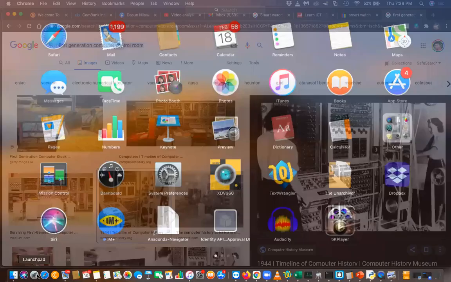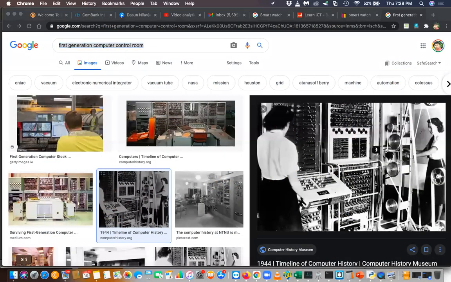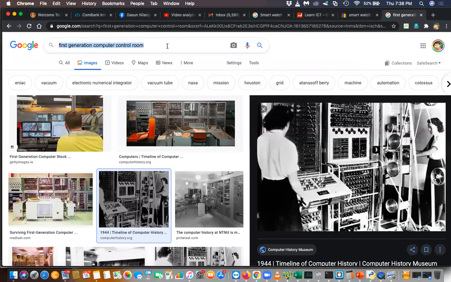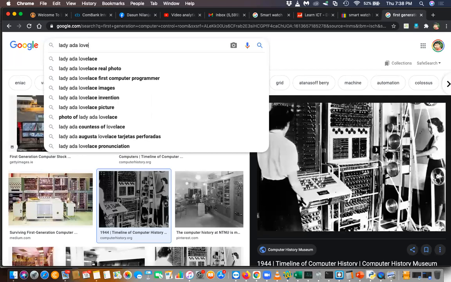You can ask the computer: who is the first programmer in computers? Here's what I found. You can see it's a lady, Ada Lovelace. She is considered to be the first programmer.